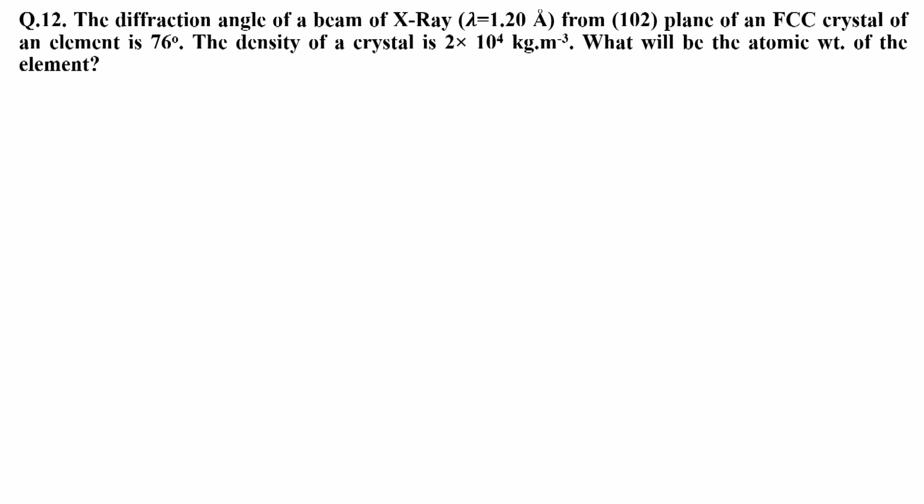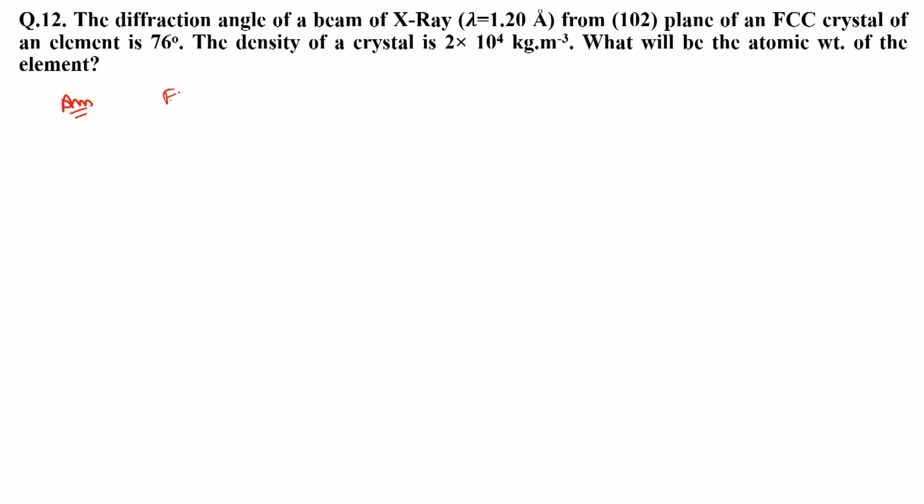Next we move to problem number 12. It says that the diffraction angle of a beam of X-ray, where lambda is 1.20 angstrom, from the 102 plane of an FCC crystal of an element is 76 degree. The density of the crystal is 2 times 10 to the 4 kg per meter cubed. What will be the atomic weight of the element? Okay, so we start with Bragg's equation.